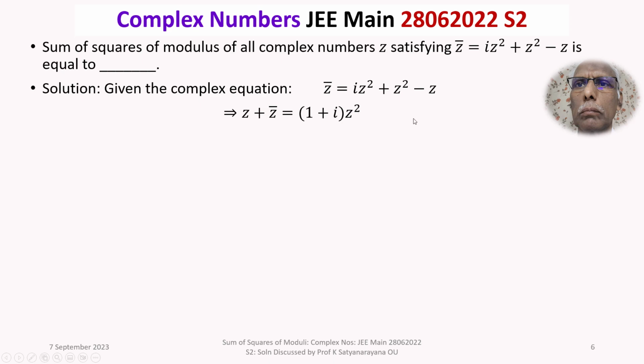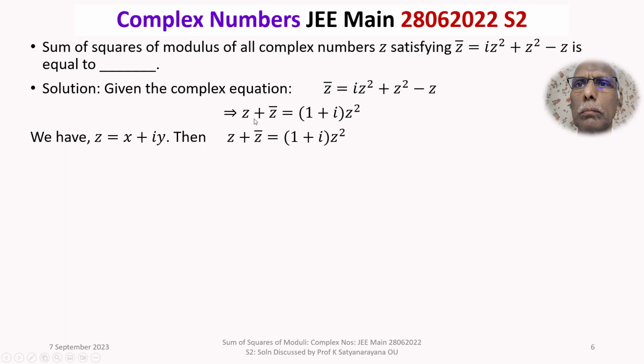Now we have z = x + iy, where x and y are real numbers and i is the square root of minus 1, that is the iota, the imaginary unit.